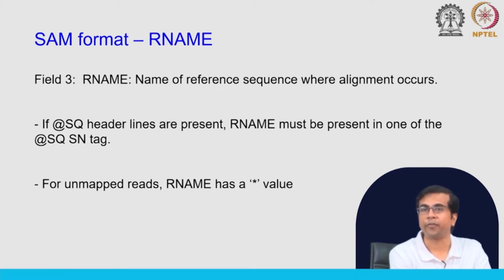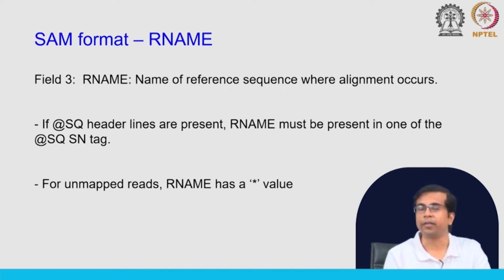That is the sequence name, so @SQ SN will mention this R name value. If it is, let us say, chromosome 1, you will have a header line saying @SQ SN chromosome 1. You have seen this example that I just showed you, with the header. In addition, you also will have @SQ LN, which gives the chromosome size, the length of the chromosomes, etc.